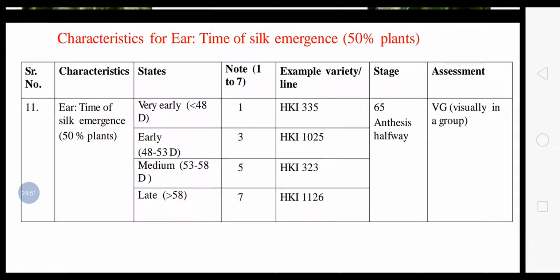For very early, score 1 is given, early 3, medium 5, and late 7. Example for very early is HKI 335, early is HKI 1025, medium is HKI 323, and late variety is HKI 1126. Again, anthesis halfway is taken as a benchmark to observe the characters, and visually in group characters are studied.